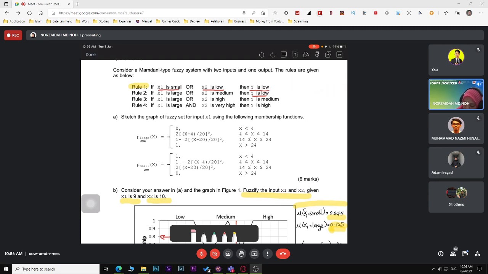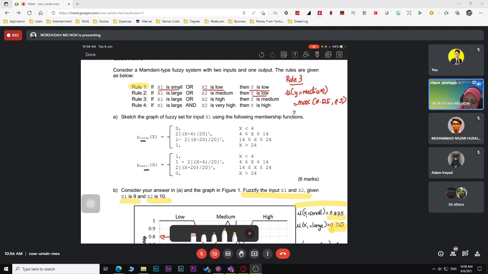Cara tulis yang betul ialah, katakan saya nak fire rule 3. Okay, saya nak cari mu y is medium sama dengan max 0.125 dengan 0.5.